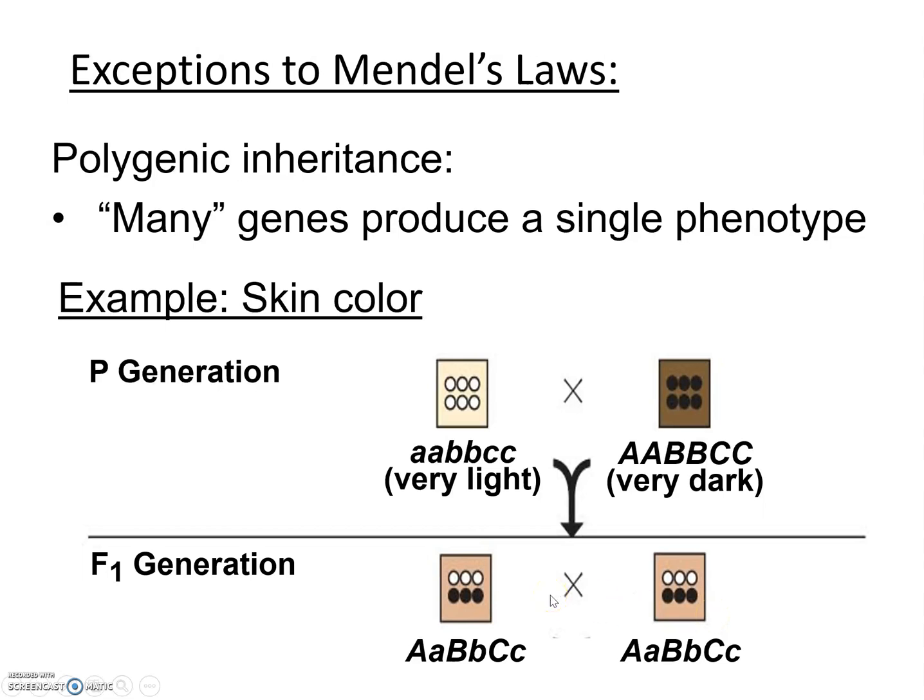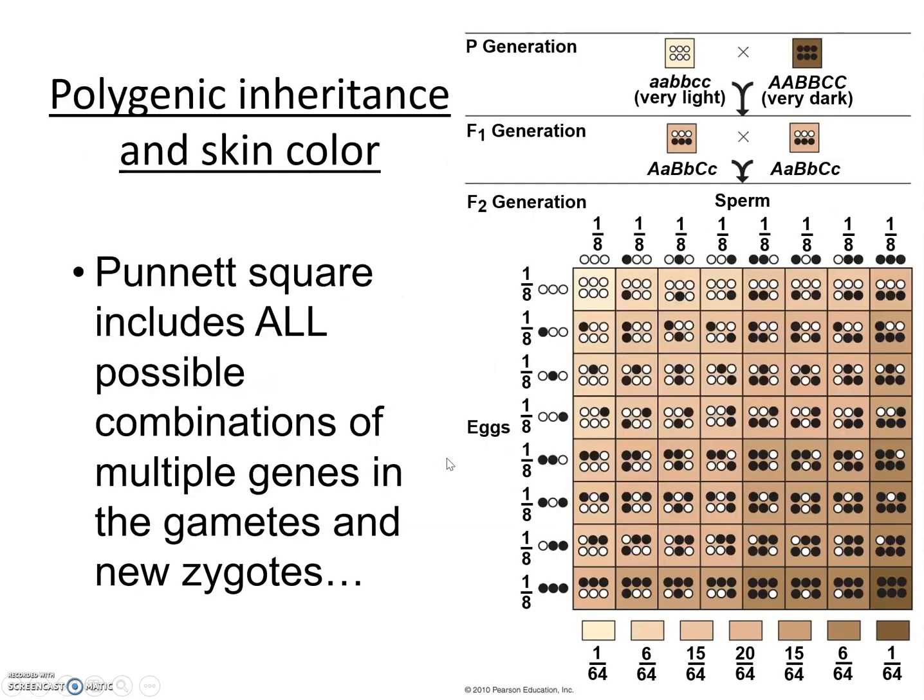But here, instead of a single gene encoding this, or a single allele, we're looking at multiple genes involved in this process. Each of these can end up in our final gametes, and if you look at your Punnett square for this, you have to take into play every single possible combination of all of these alleles. When we get that F1 generation, they have a variety of different alleles that can come down through meiosis and end up in their gametes.